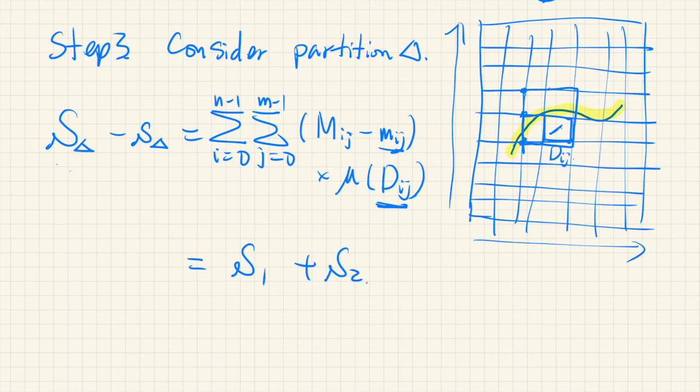And here S1 is the sum over all those dij's that contain the interior points of the null set, such as these green rectangles in this picture. Okay, maybe this one too. And S2 is everything else.